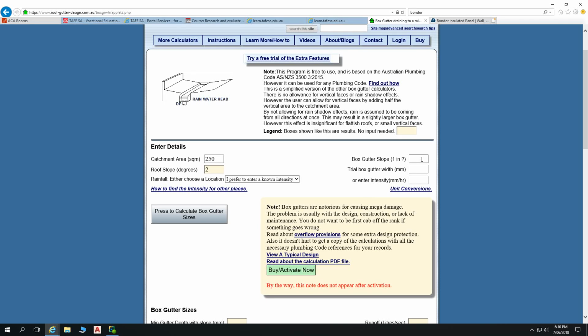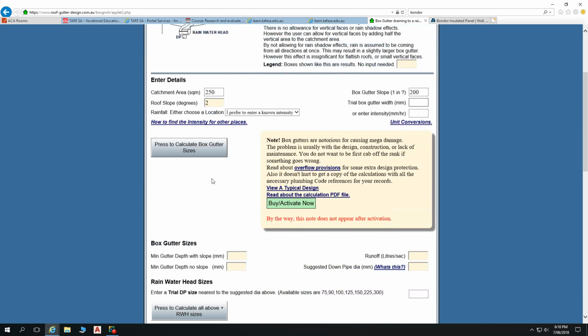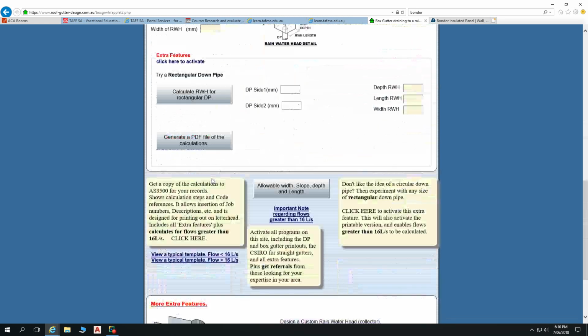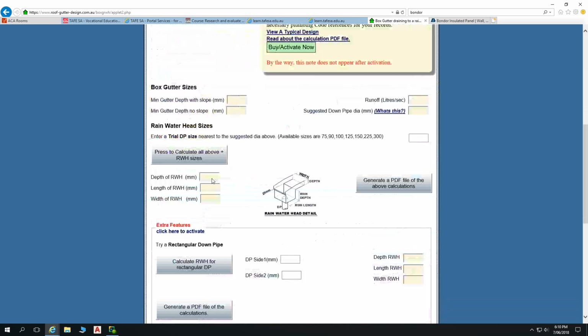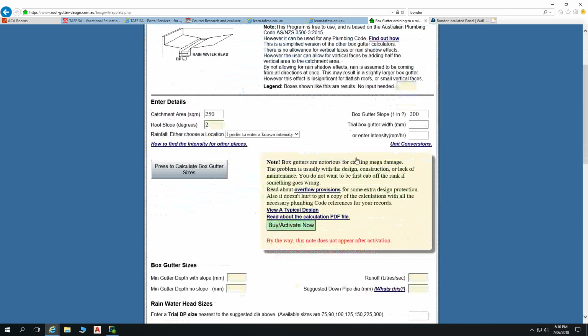Minimum? Go to 1 in 200? Let's try. Oh, actually, we haven't put our address in here. So 450.